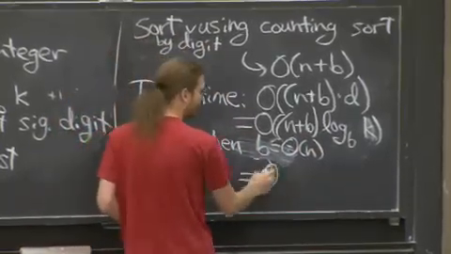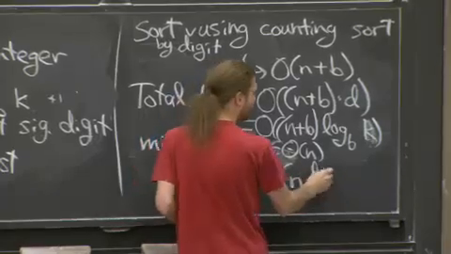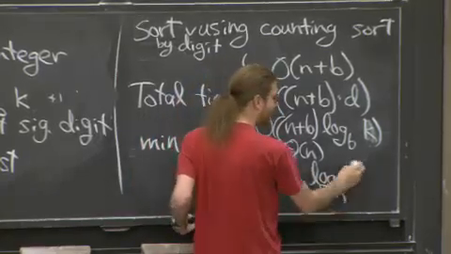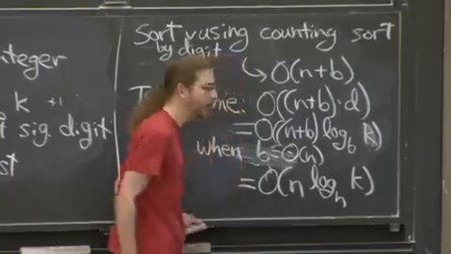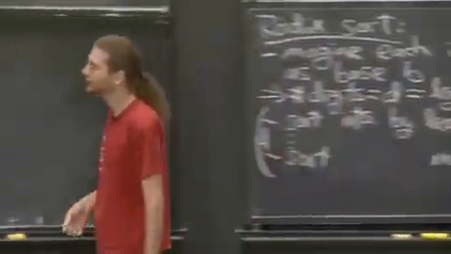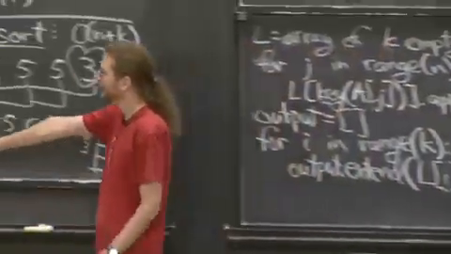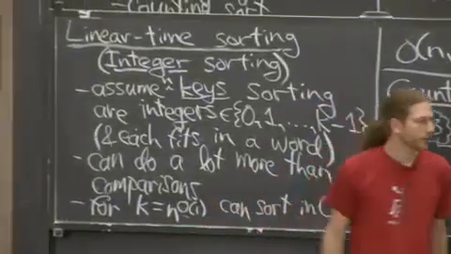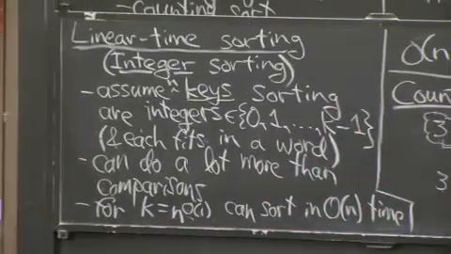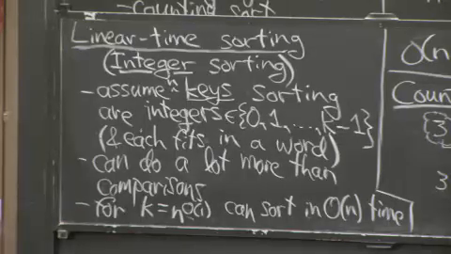Okay, so then it's going to come out to n times log base n of k. And lo and behold, when k is polynomial in n, it's n to some constant, then that will be linear. So let me write that.